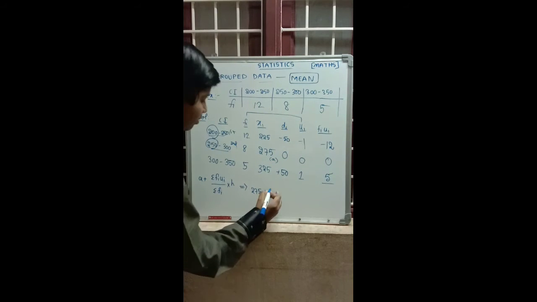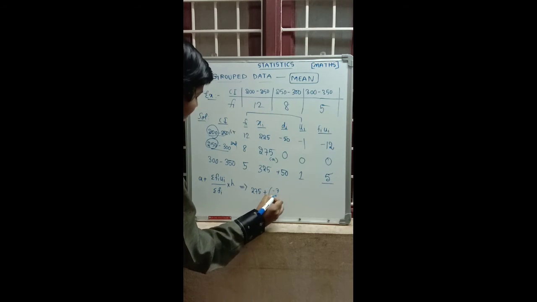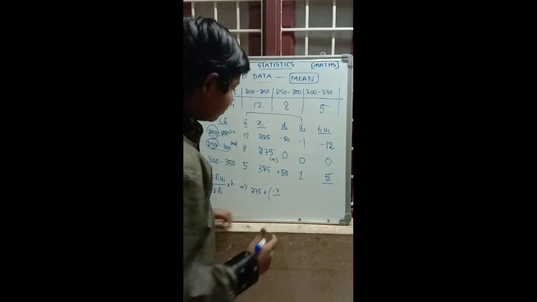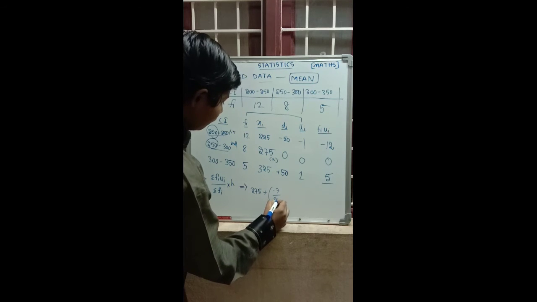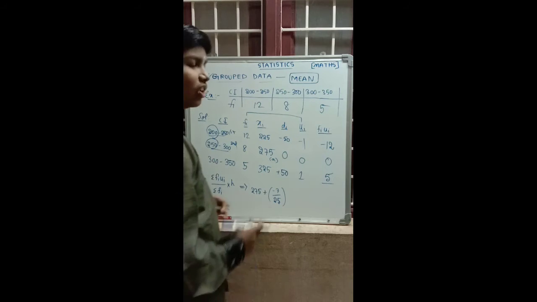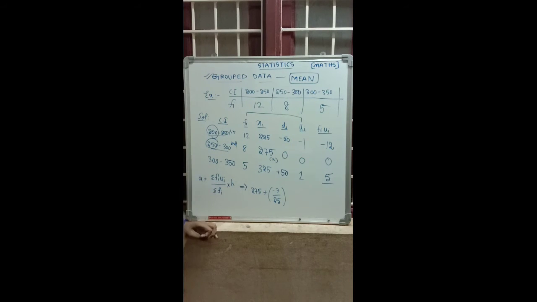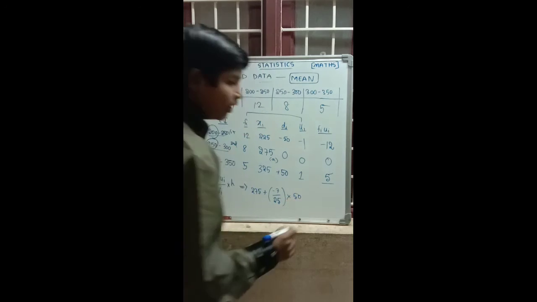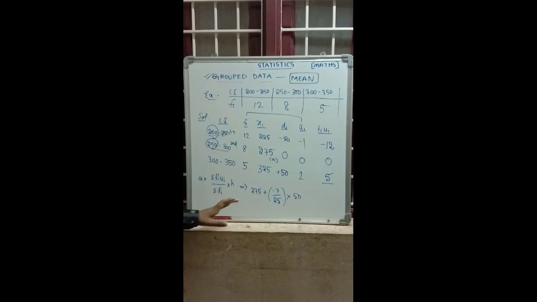Summation fi ui is minus 7, divided by summation of fi, which is 12 plus 8 plus 5: 12 plus 8 is 20, and 20 plus 5 is 25. Into h, where h is 250 minus 200, which is 50. So into 50 here. This is the step after writing the formula.